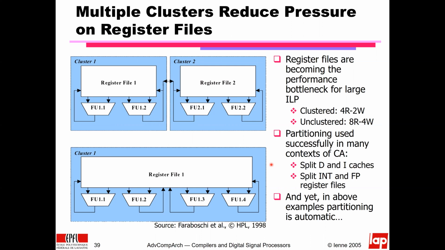The problem of this is that you need to split something, right? You need to decide essentially what goes in one set of functional units and what goes on the other set of functional units. The choice of the functional unit now also has an impact on the cluster, essentially because the connection between the clusters is very low bandwidth, right?